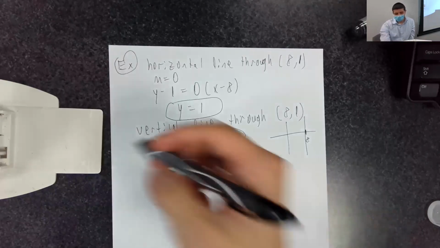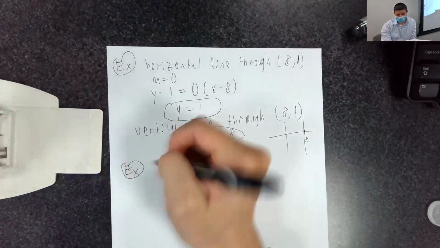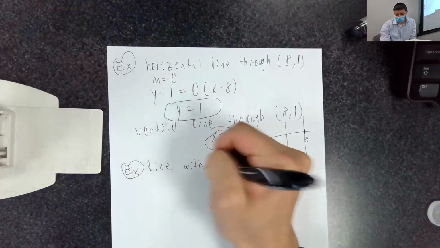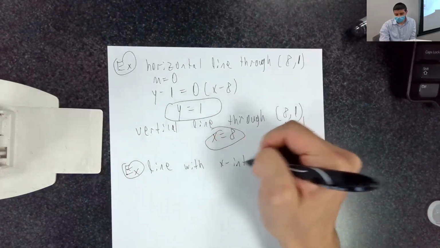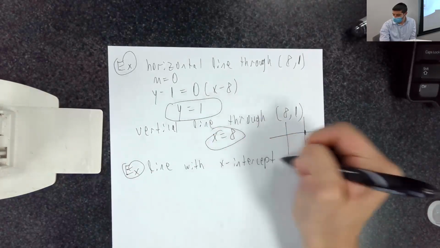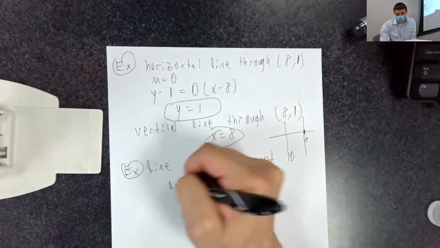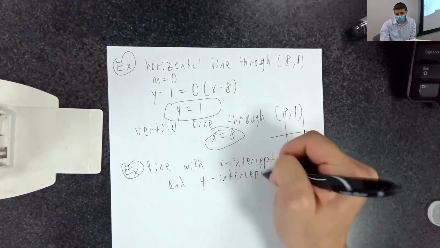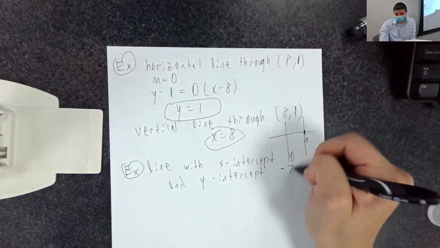Okay, one more example. A line with x-intercept 10 and y-intercept -7.